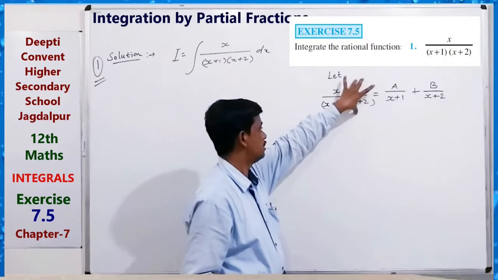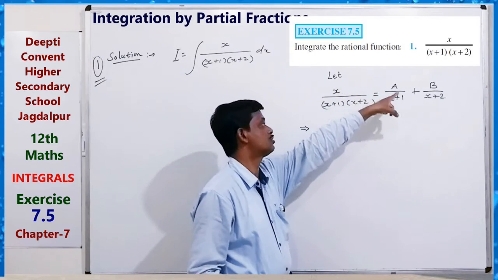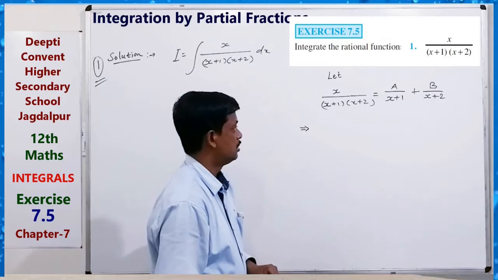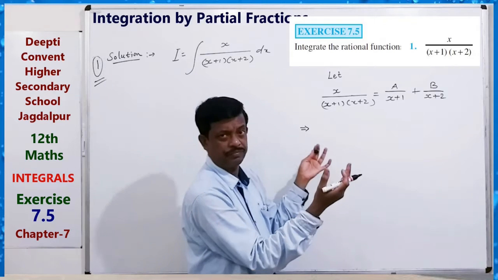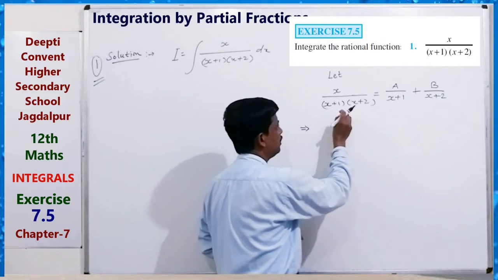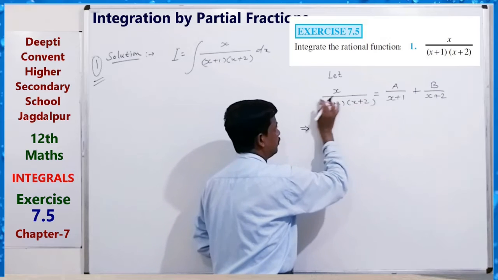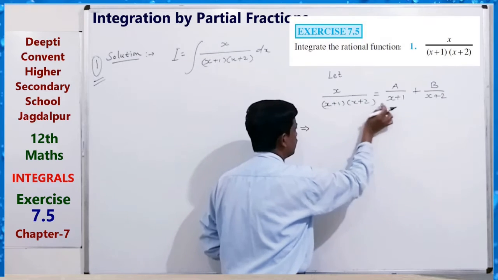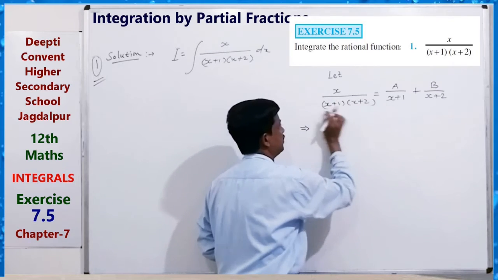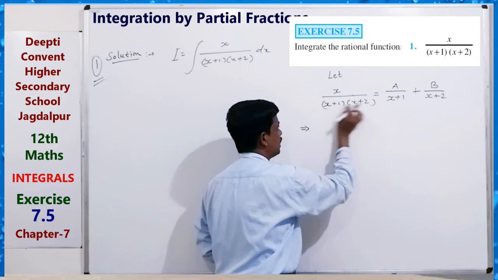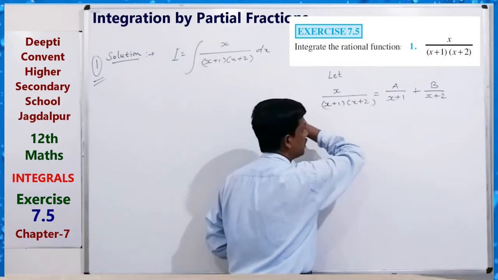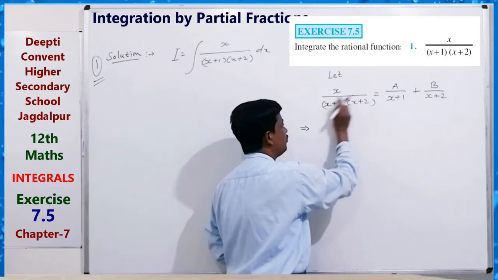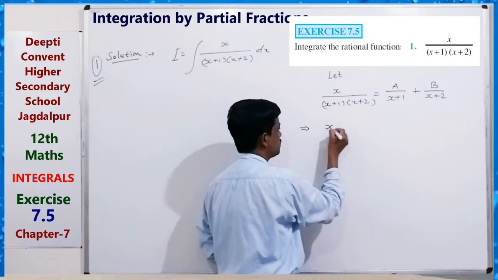So this fraction is equal to this. We can now multiply both sides by the denominator of the left side. So here will be x.